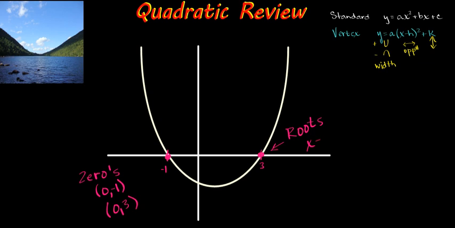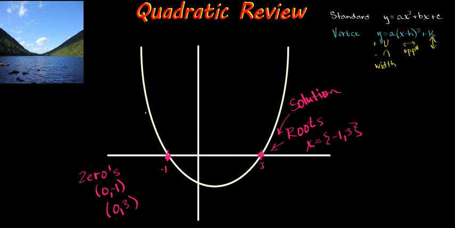So in this case, x would equal negative 1 and 3. This is also the form you're going to see solutions in. So if we're using a graph to solve a quadratic equation, you're going to need the roots in order to find the solutions.